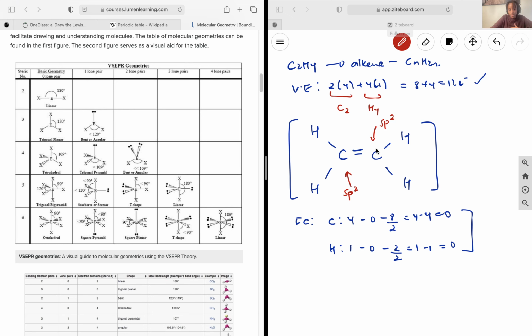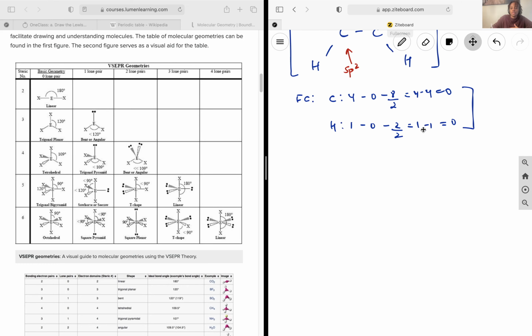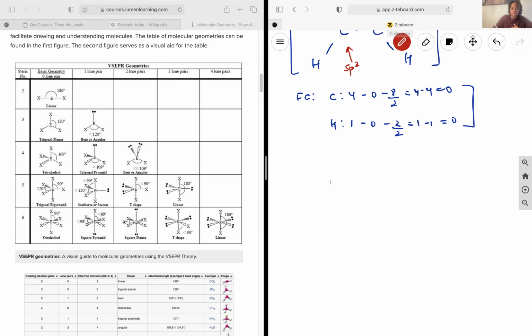And so we've already made this sketch kind of look like it's trigonal planar. We can resketch it. And that usually happens if you're good with your VSEPR. And so we have H, H, H, H. So you can see the shape here. And this angle is going to be 120 degrees.